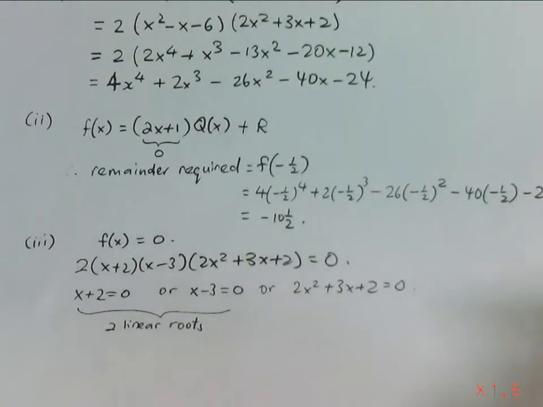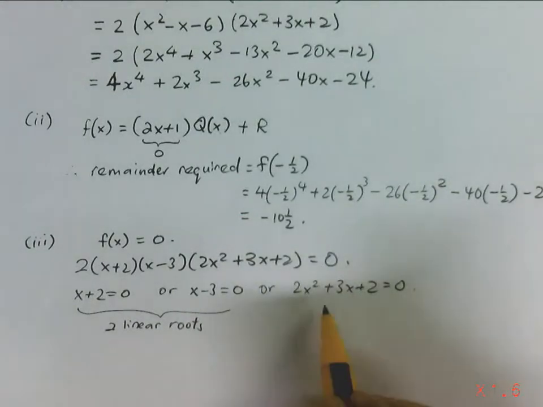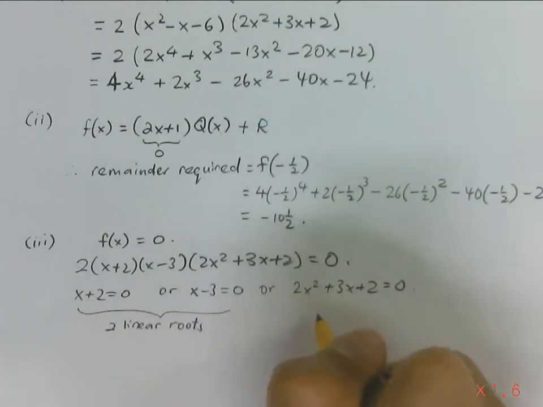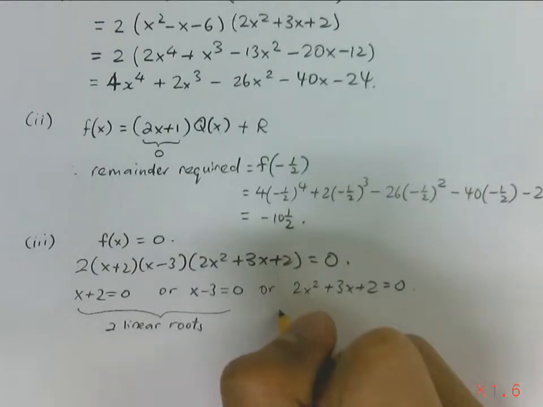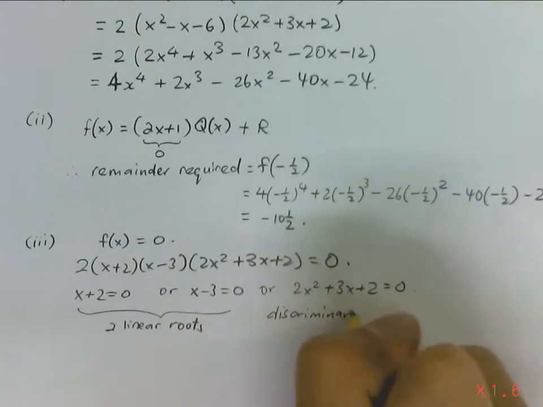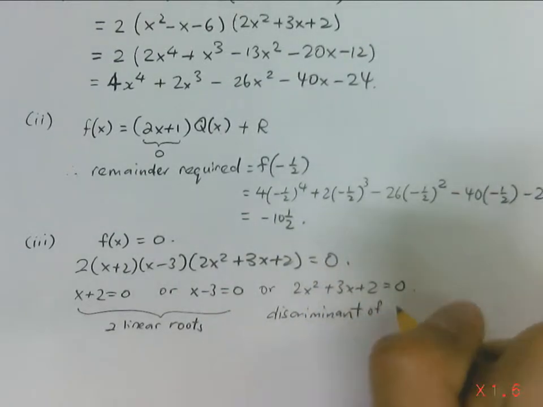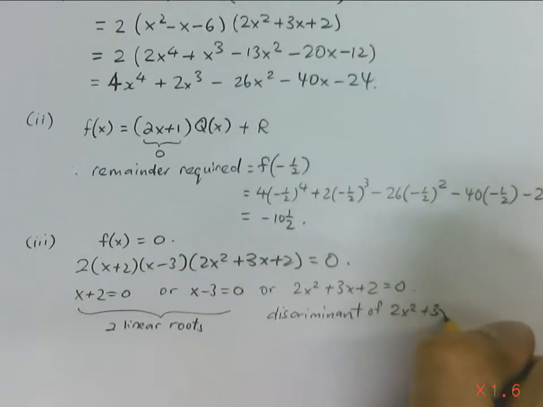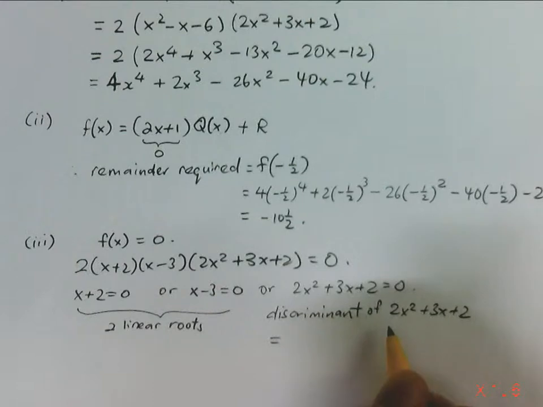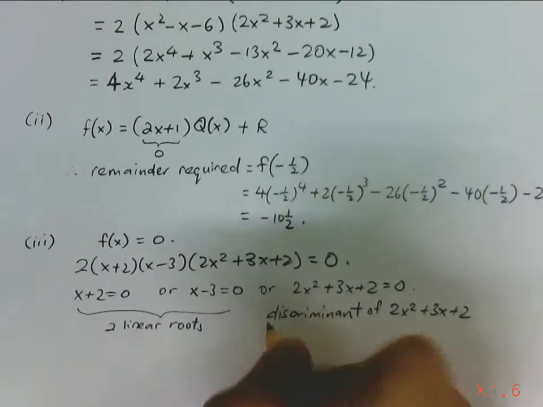Now if there are only 2 real roots, it would mean that this quadratic factor over here would have no roots at all. So in order to prove that there's no solution, we have to take out the discriminant to check. Notice we are not solving anything here. We are just finding the discriminant, which is the property of this expression.